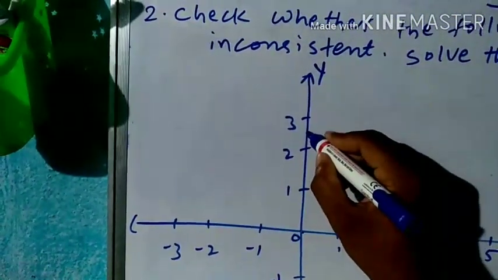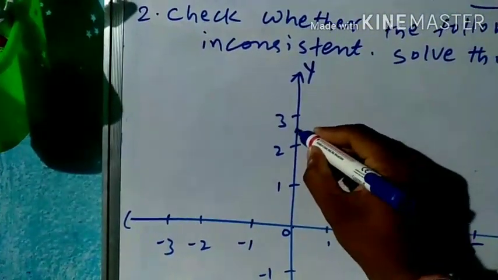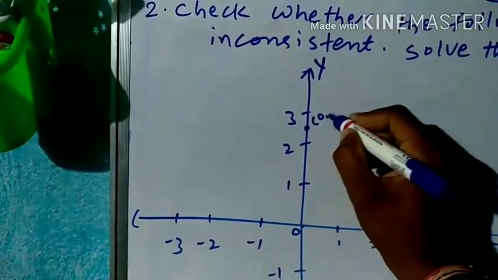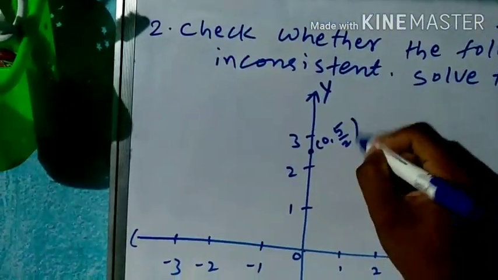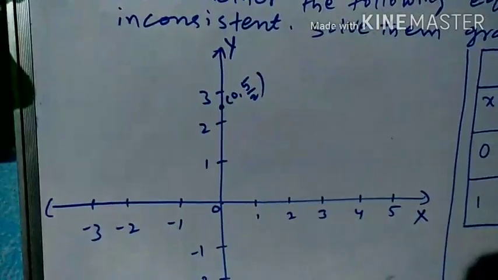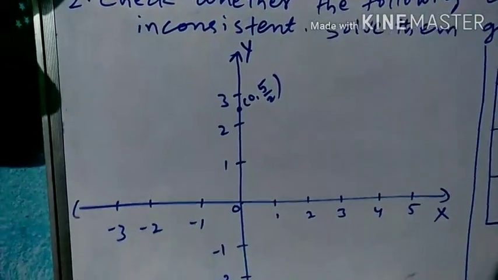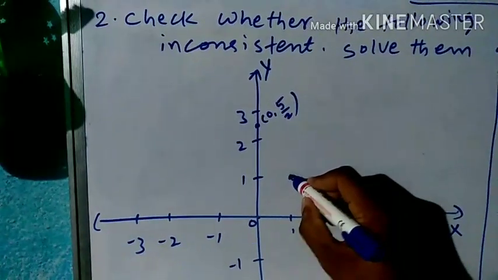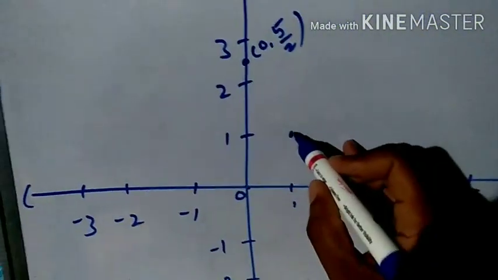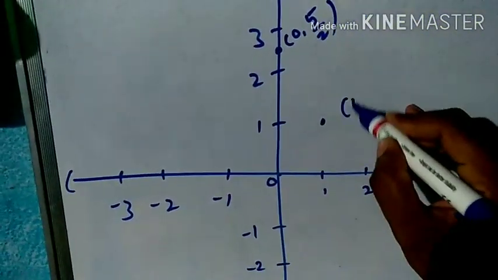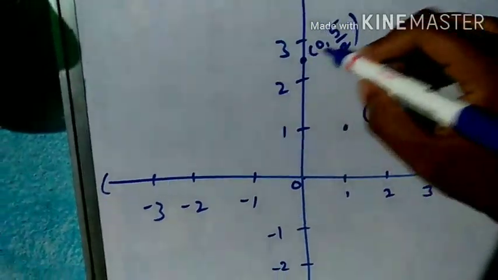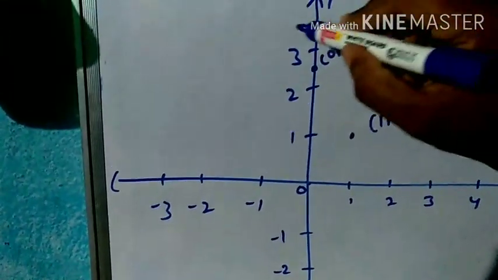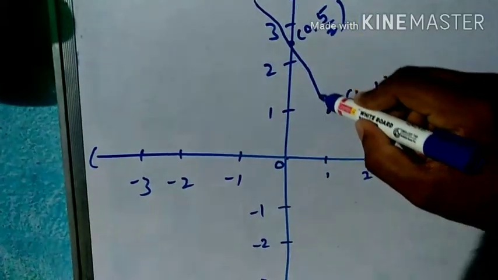So here it is 2.5. This point is 0 comma 5 by 2. Next point is 1 comma 1. So by use of the scale, draw a line like this.